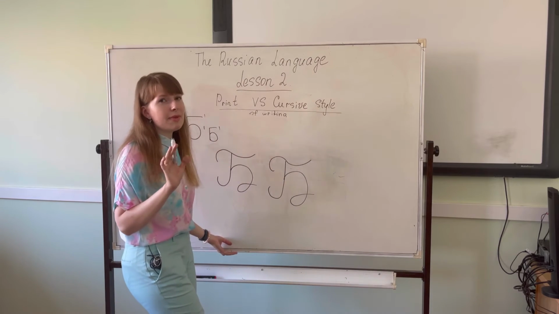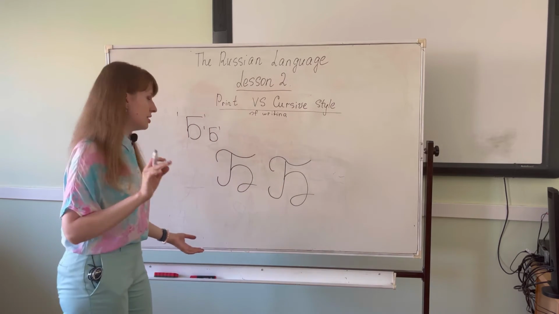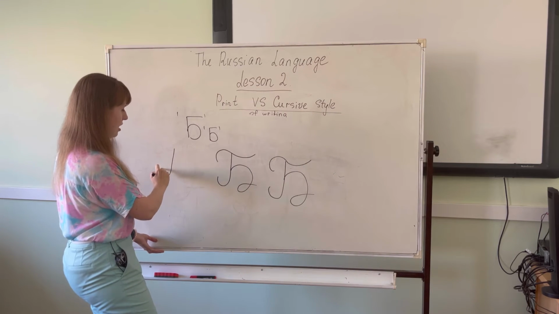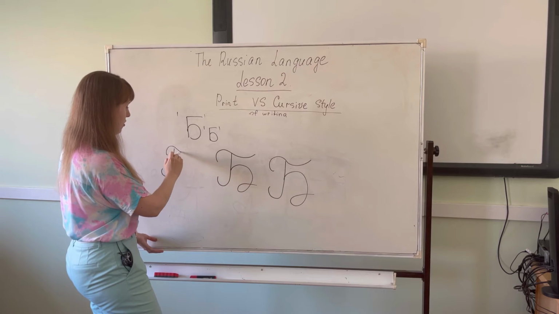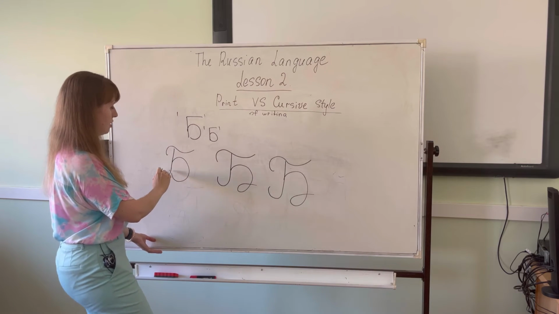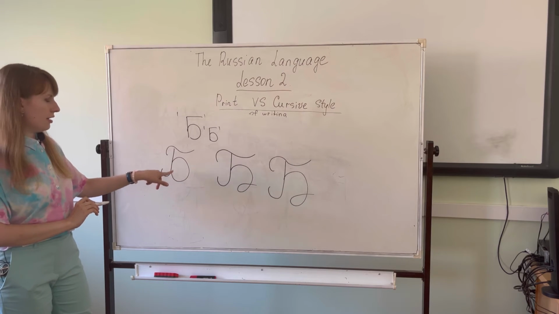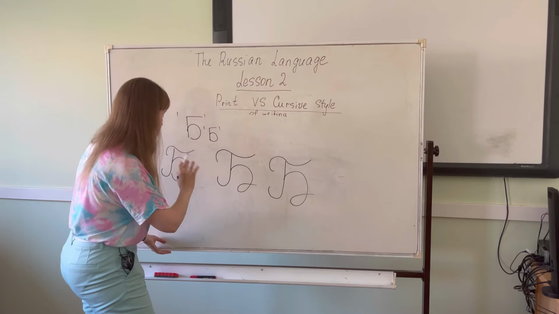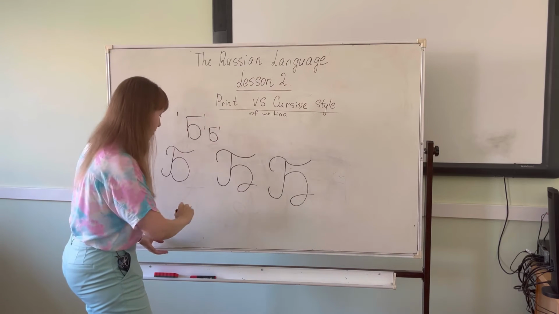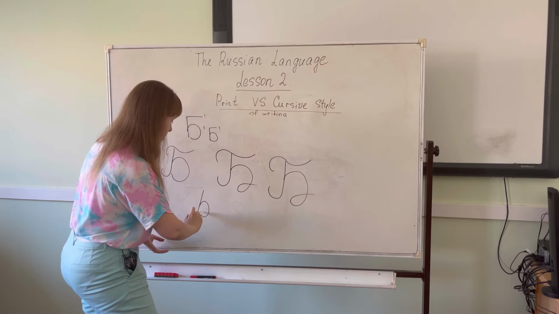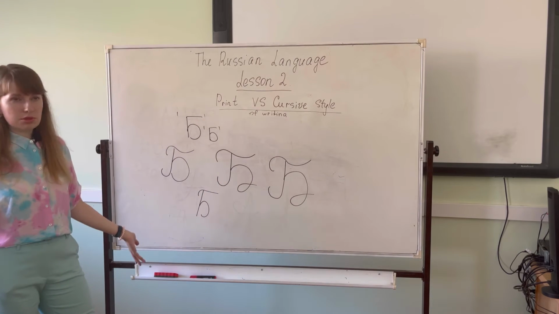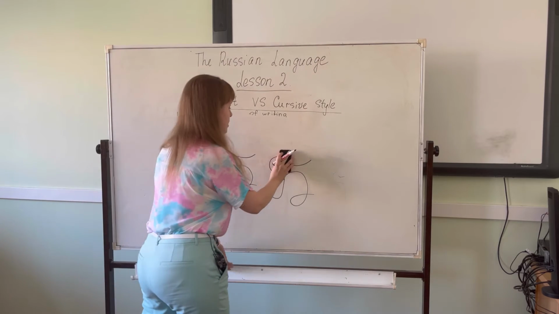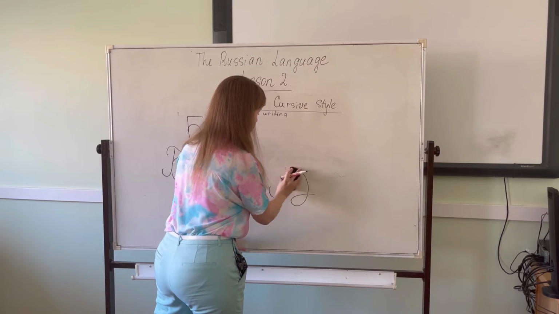You can even make it simpler and it won't be a problem. You can do it like this: a downside stroke, a horizontal cross stroke, and just a circle, like an oval. Without this loop, it will be great. Some Russian people even get rid of these beautiful curls, and they do it like this, so it's also proper.